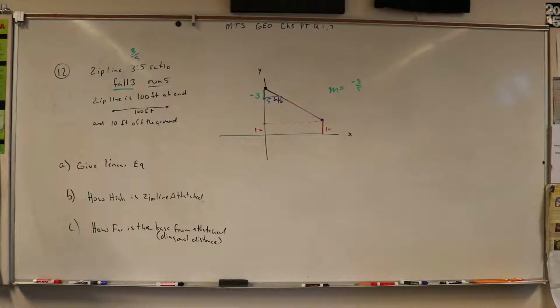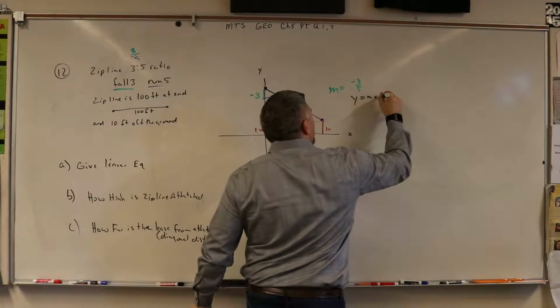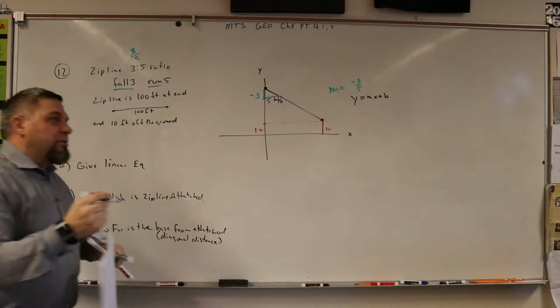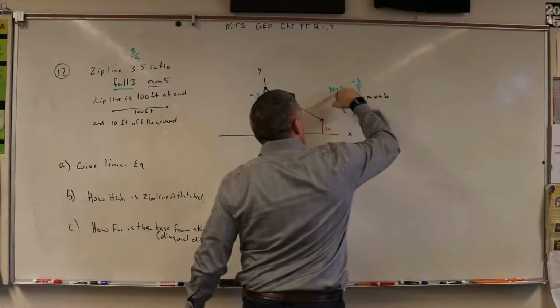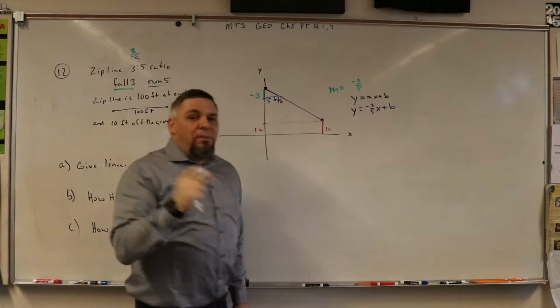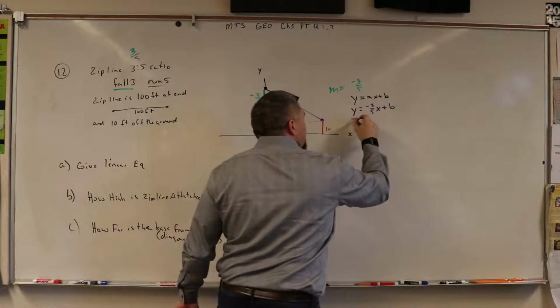Since y equals mx plus b, I know that the slope is negative 3/5 x plus b. I don't know what b is yet, but I do have an equation almost.